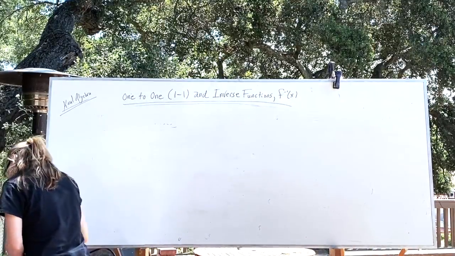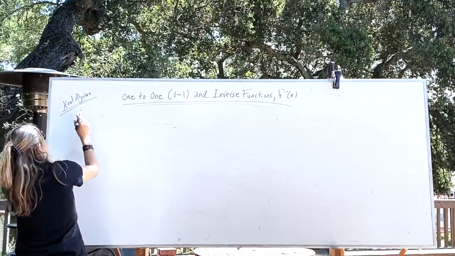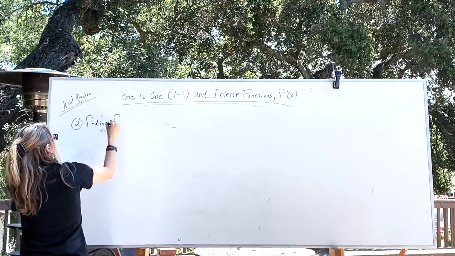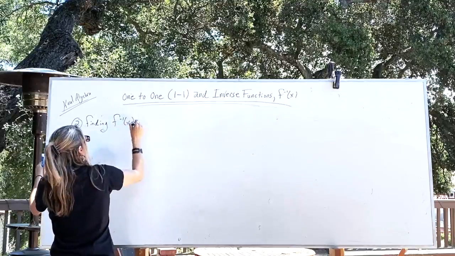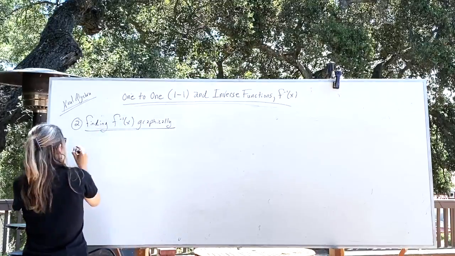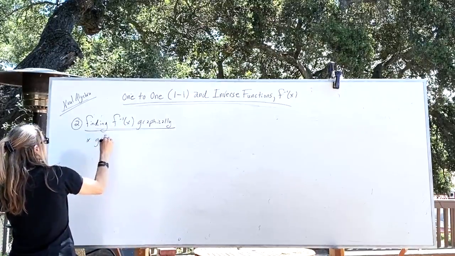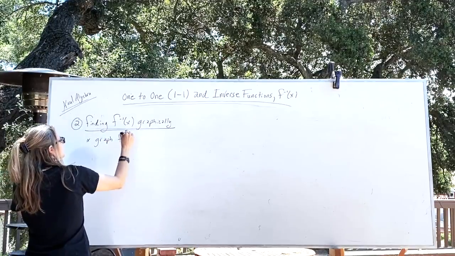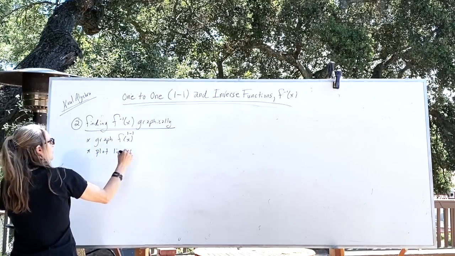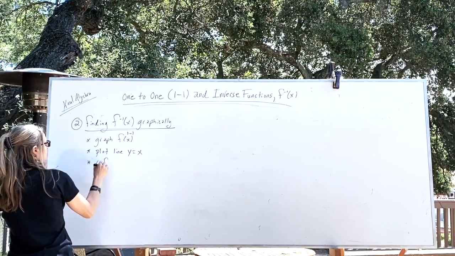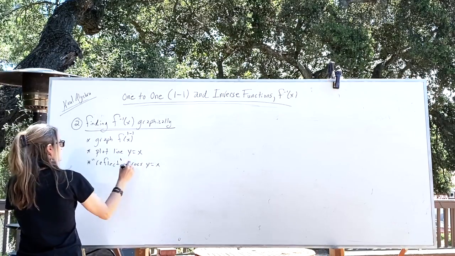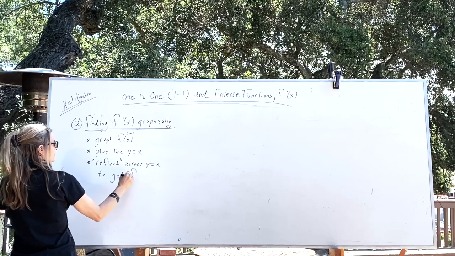So graphically, the first thing you do is graph your one-to-one function, plot the line y equals x, and then reflect across y equals x to get f inverse of x.